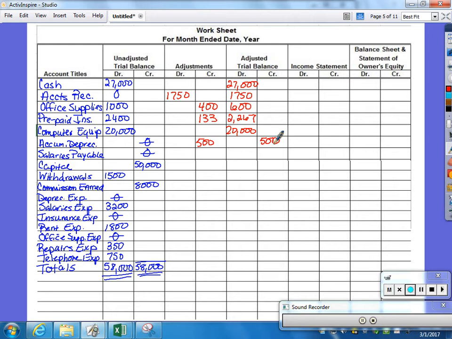Salaries payable, did it change? Yes. Increased or decreased? Increased. 420. So we're going to put it on the credit side here and also bring it over in our adjusted trial balance on this credit side.